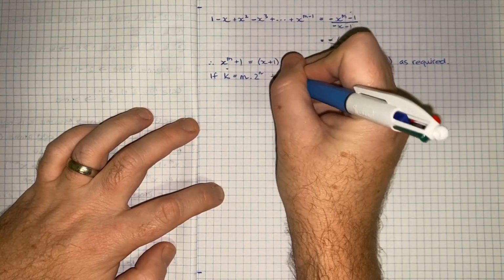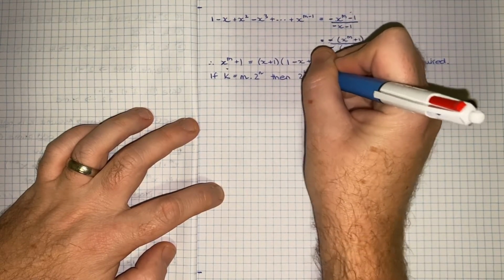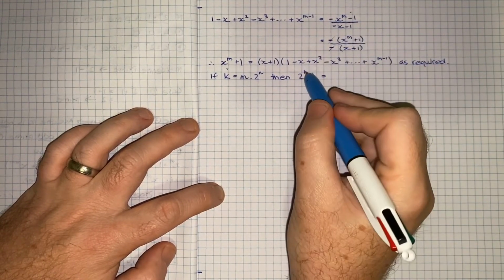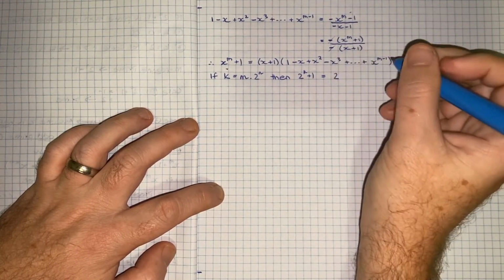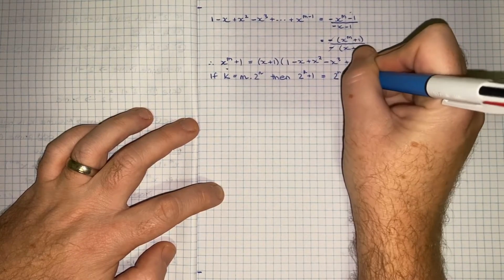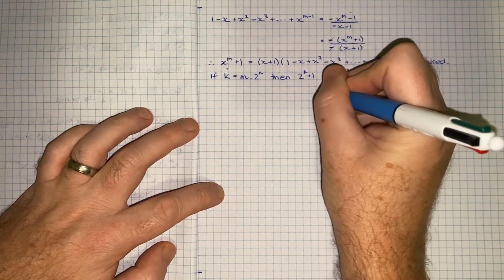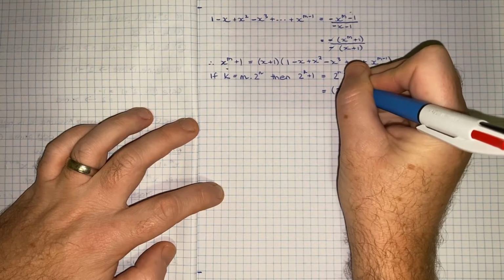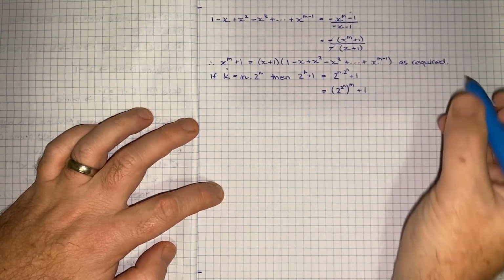Then 2 to the power of k plus 1, we can just replace k with m times 2 to the n. So it will be 2 to the power of m times 2 to the n, plus 1. And just using basic rules of exponents, I could write that as 2 to the power of 2 to the n, to the power of m, plus 1.